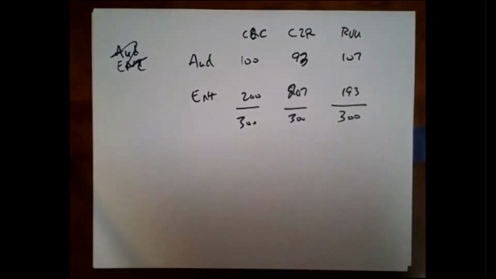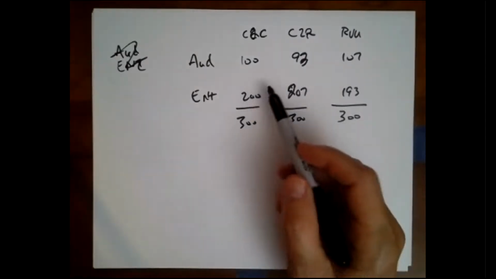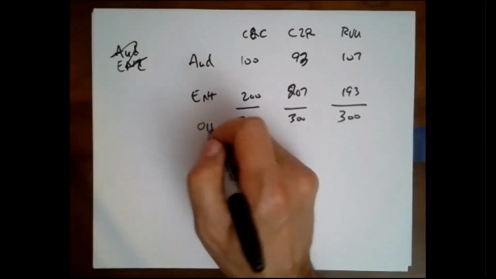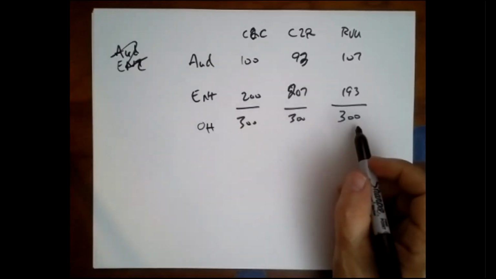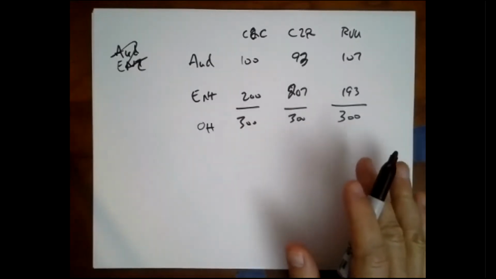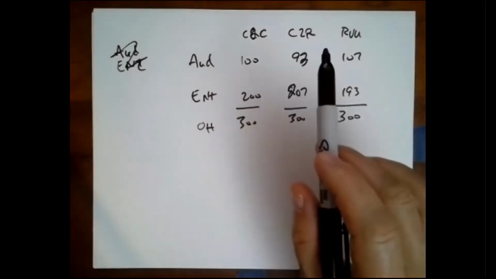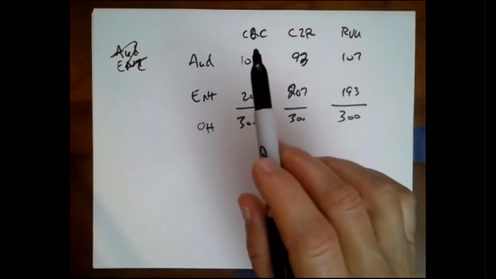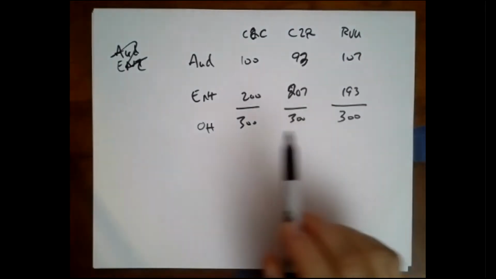So in all three of these examples, we have the same overhead, right? It's 300, 300, 300. So nothing's changing there. All we're doing is using a slightly different cost driver to allocate the overhead.